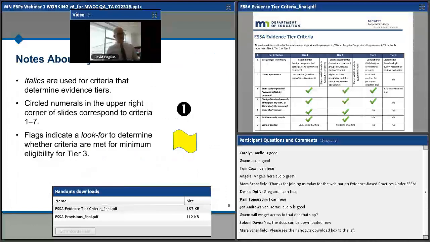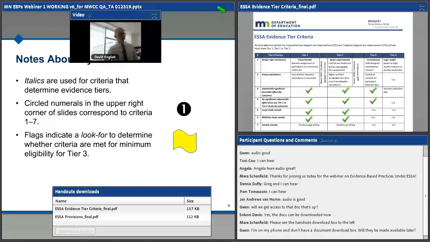Now, just a few notes about the symbols that are used. You'll see that any text in italics during the presentation is going to refer specifically to the criteria. You see that in the criteria themselves, they're in italics. Another way we refer to the criteria in the presentation is with these circled numerals.